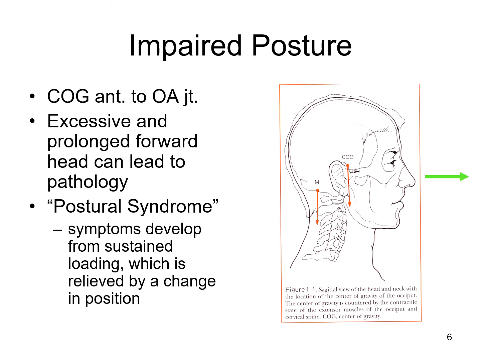And when those symptoms are sustained for long periods of time, it can result in pain. And so one of our goals is going to be to determine if these patients have this quote-unquote postural syndrome, which develops from sustained loading. And if we change that posture, we change that position, it will improve the patient's condition.